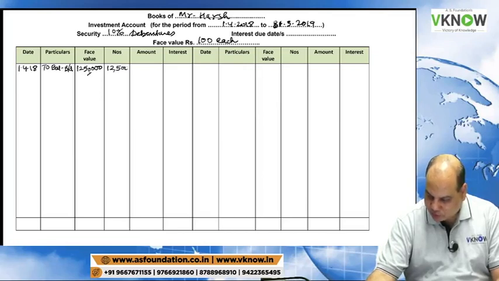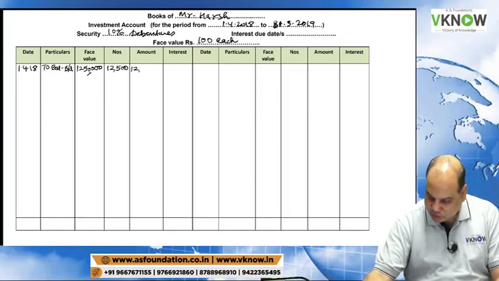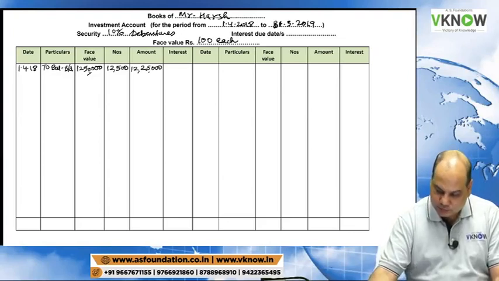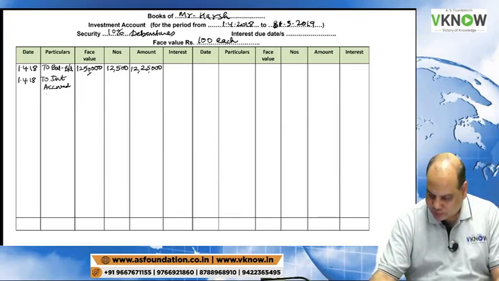Number 12,500. Amount is given in the question. First line 12,25,000. And 1,418 to interest accrued.